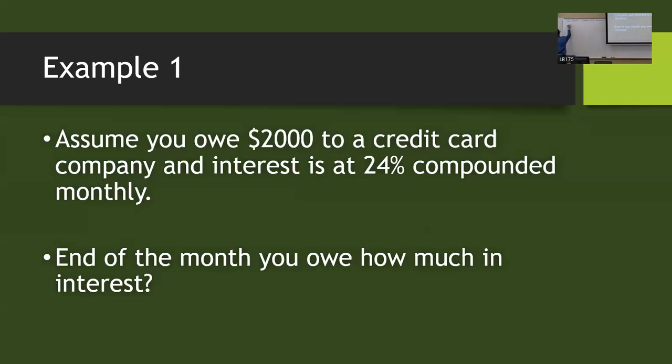And so we're going to say after a month, be careful there, it's after 1 month. How much am I going to owe? And how much interest was accumulated?